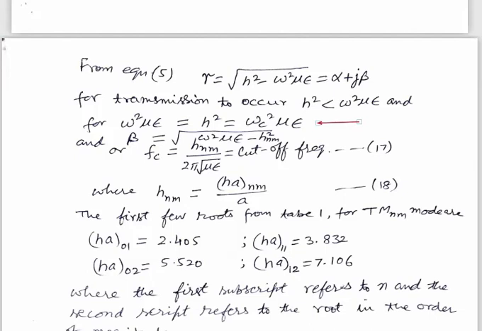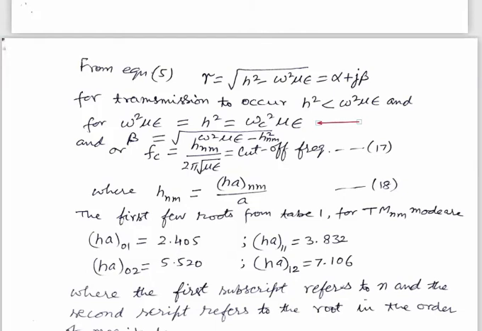So from here we have calculated the value of fc. Now the value of h is replaced here by h_n_m, and h_n_m is equal to ha_n_m upon a. Values of ha_n_m are the roots of Jn rho h equal to 0 given in table 1.